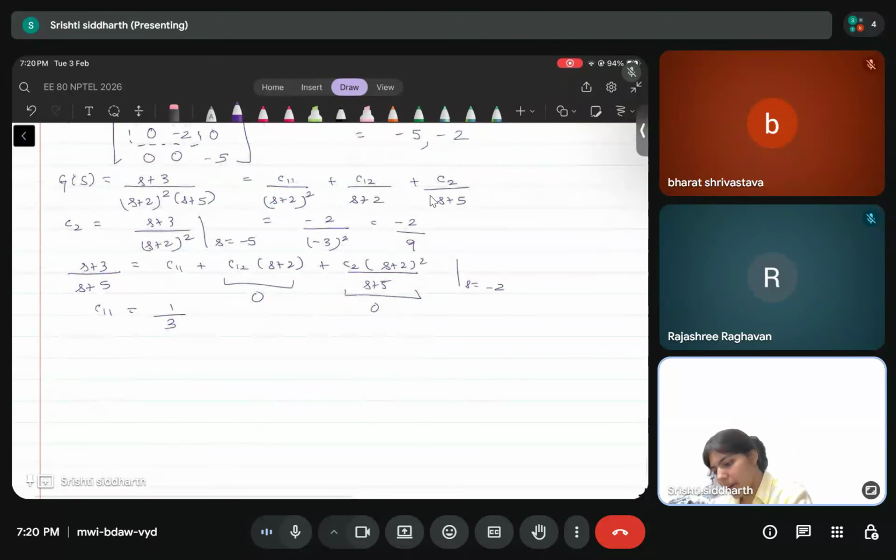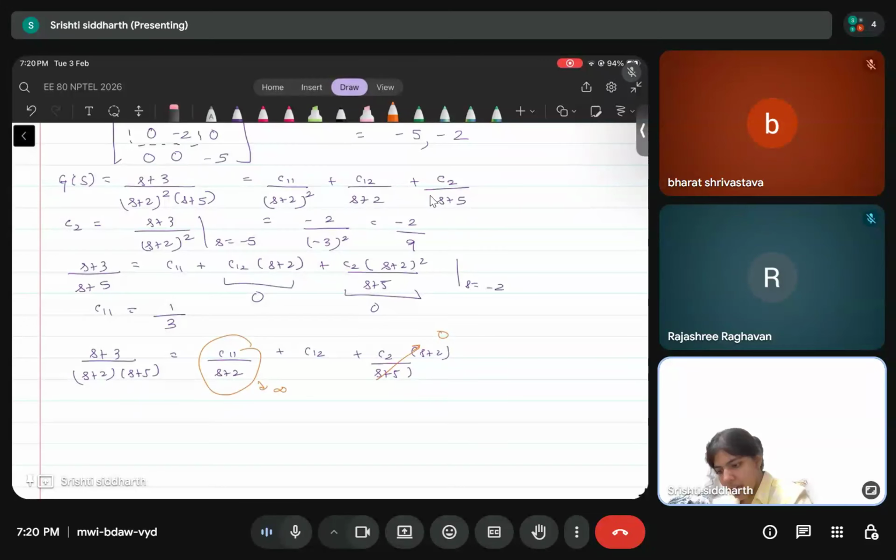So if we multiply by S plus 2 on both sides, at S equals minus 2, this goes to 0. This becomes a very large number, and you cannot compute this because S plus 2 tends to 0, right?